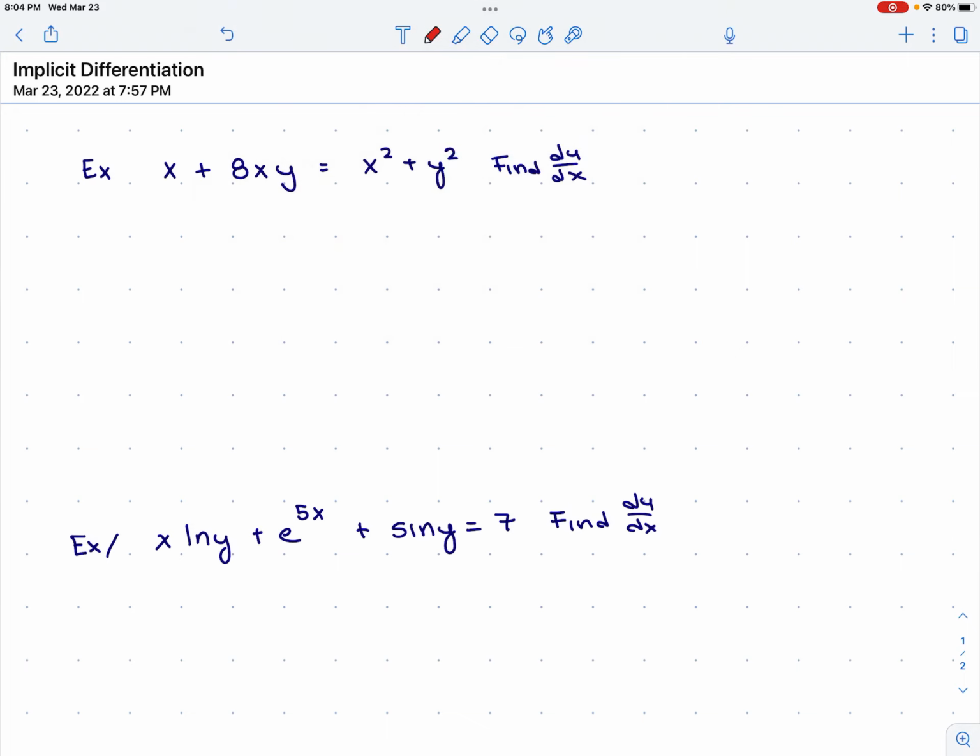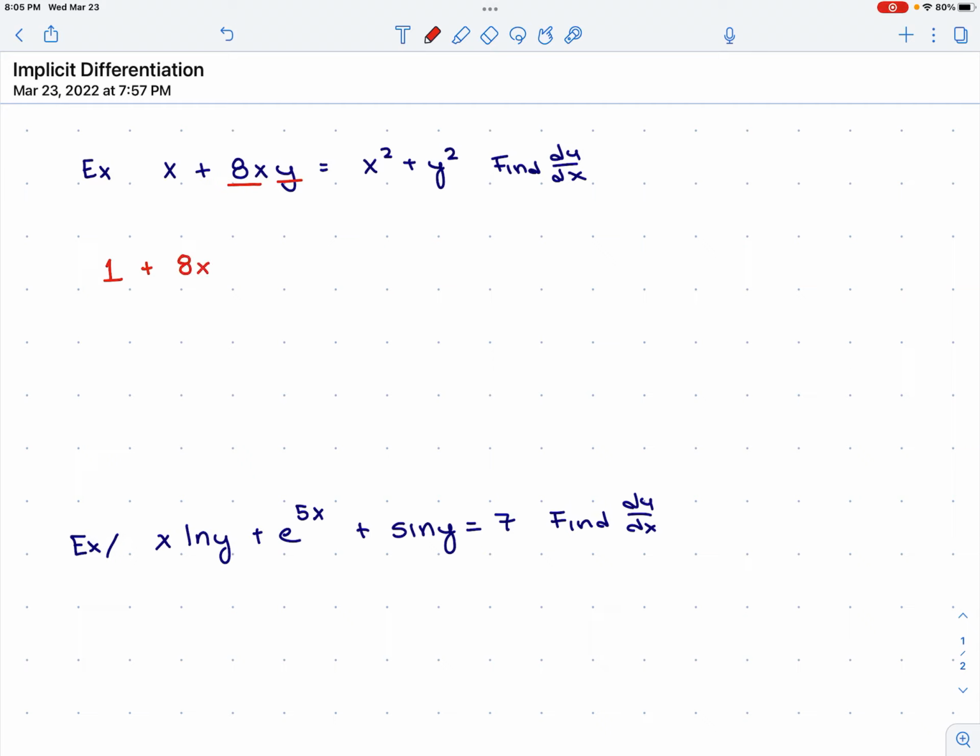So the derivative of x with respect to x is just 1, plus, and then we have a product rule here. We have 8x times y. So I'm going to do first times the derivative of the second.